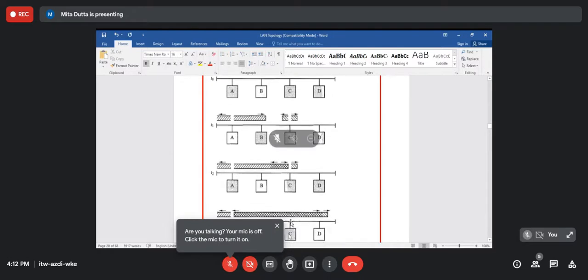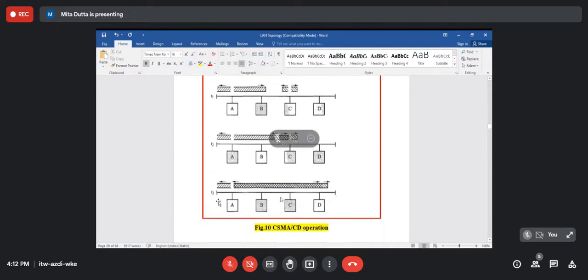So at time t3, when the collision signal reaches A, then A will cease the transmission. Now why does this happen?